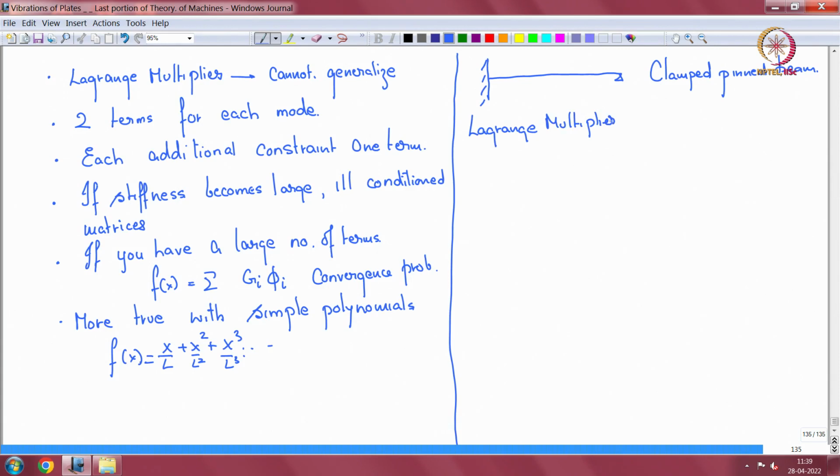Right in the beginning of the lecture, I showed you the potential energy term, F of I think B by L square, something like that. So if you want to do a clamped pinned beam, you can put a large stiffness as the potential energy. This we can raise it.